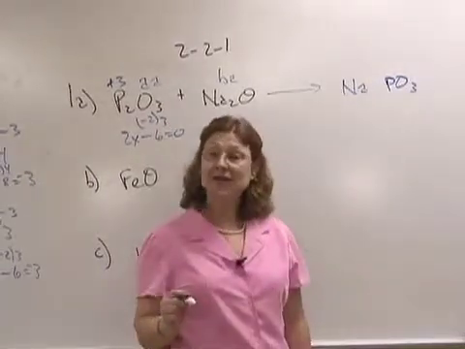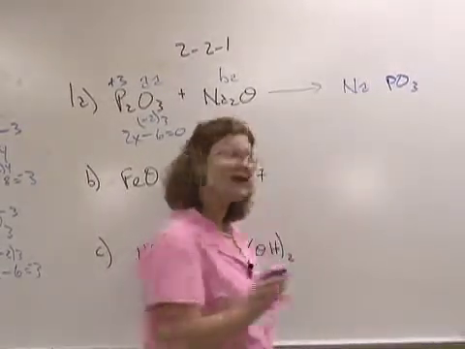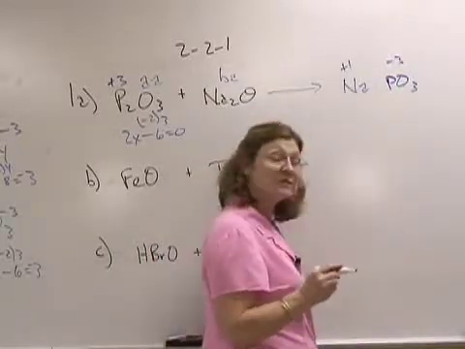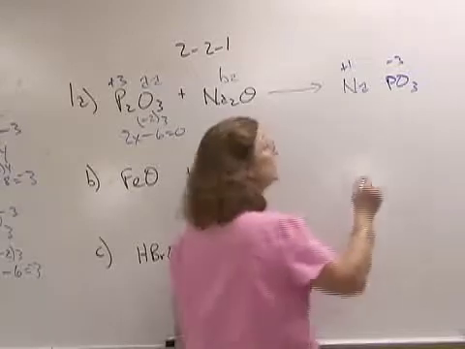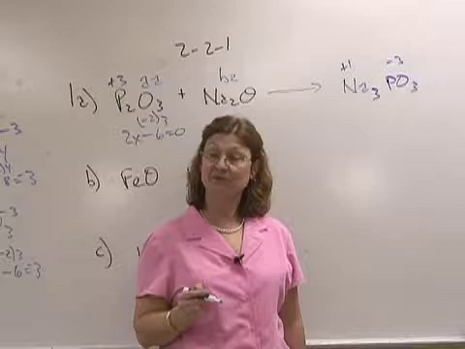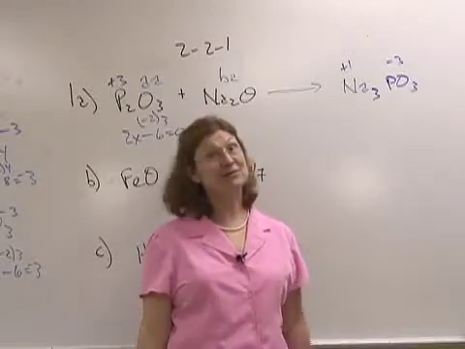Now, I still must balance my formulas. Phosphite has a -3 charge, and sodium is +1. The lowest common multiple between 3 and 1 is 3, so I need 3 sodium atoms in order to get my compound to 0.